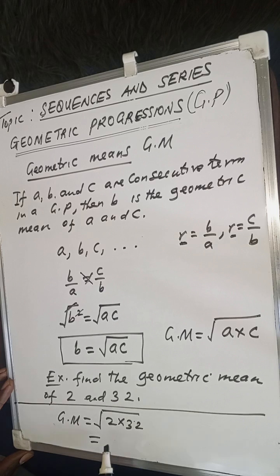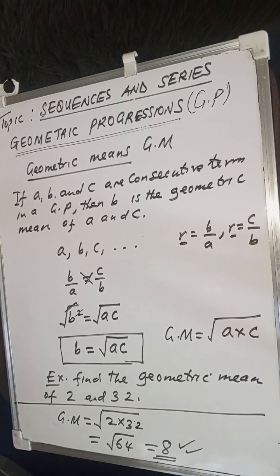So 2 times 32 will give you 64. What is the square root of 64? It is 8. So therefore, the geometric mean of 2 and 32 is simply 8. So that is what we mean when it comes to finding the geometric mean. You don't need to worry or get confused. The geometric mean is very simple.